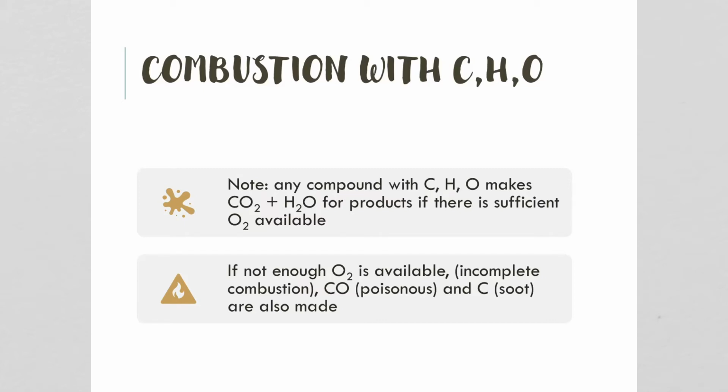This is called complete combustion. But if there's not enough oxygen, that's called incomplete combustion. You'll end up producing carbon monoxide, which is a poisonous, odorless gas, and some carbon as well, which we call soot.